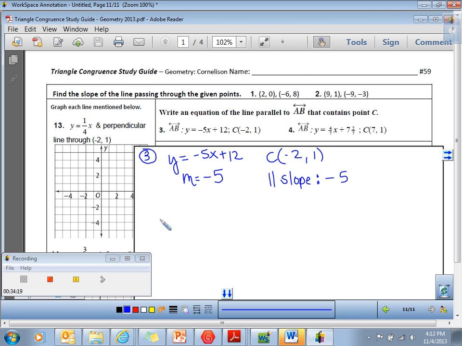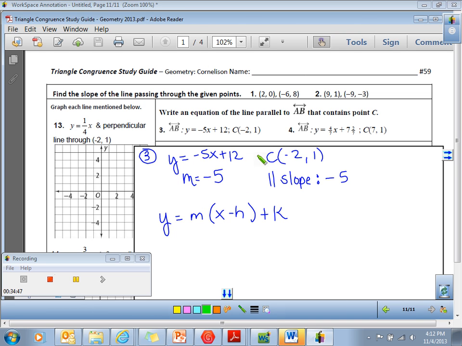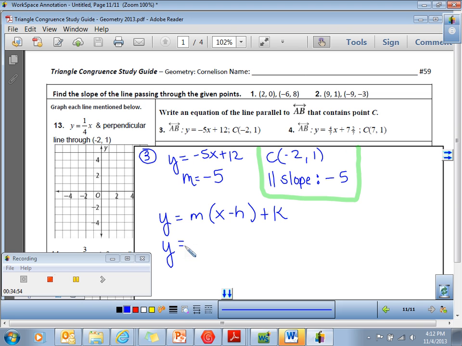Okay? So now, what's that point slope formula again? Point slope form? Good. So we can use that. Okay, so now we have our slope and we have our point that we're going to use here. Okay? So you just say y is equal to, what goes here? -5.